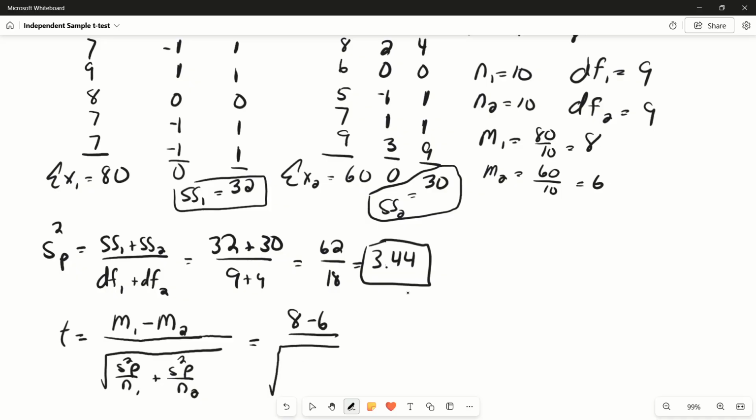The bottom becomes the square root of 3.44 over 10 plus 3.44 over 10 again. That weights the two sample sizes. So the top becomes 2, the bottom becomes, this is a common denominator, so I can add it, the square root of 6.88 over 10, or I could add the fractions over a common denominator.